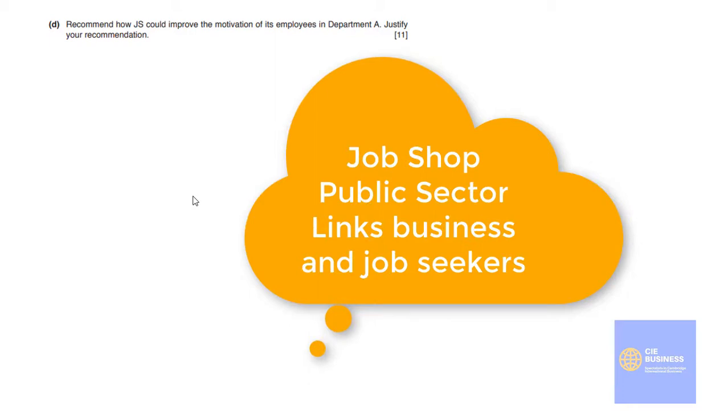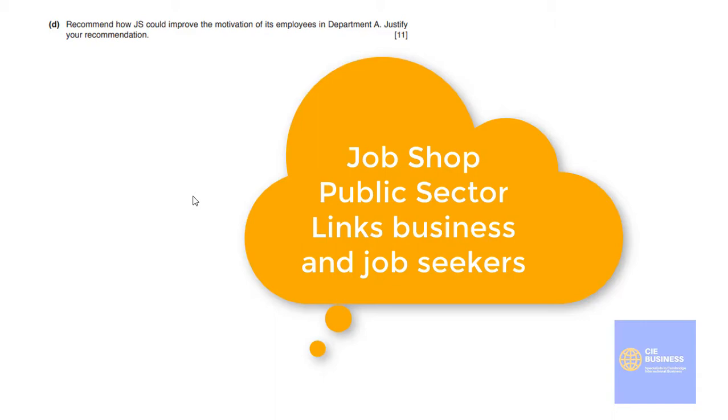This question is from summer 2019 and asks how JobShop can improve motivation of employees in Department A. The case study tells us JobShop is a public sector organisation that links job seekers and businesses. Department A helps job seekers find employment.